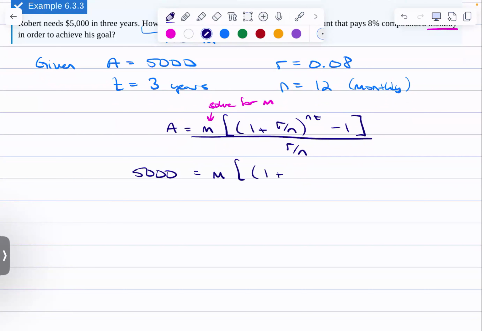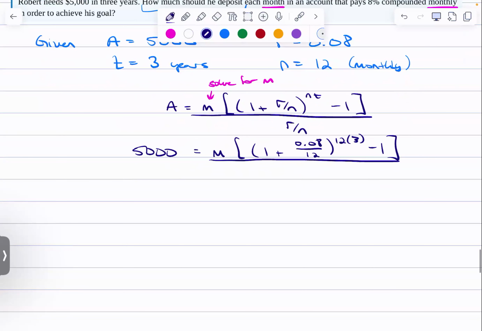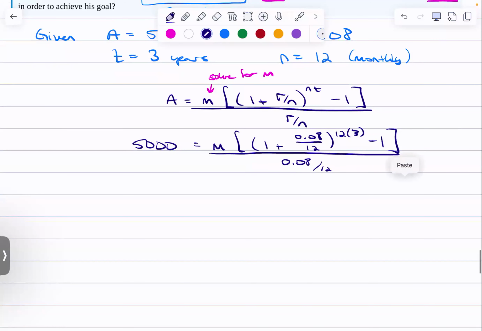And I have 1 plus 0.08 divided by 12 to the power of 12 times 3 minus 1, divided by 0.08 divided by 12. Let's see if 0.08 divided by 12 is anything nice. It's not.